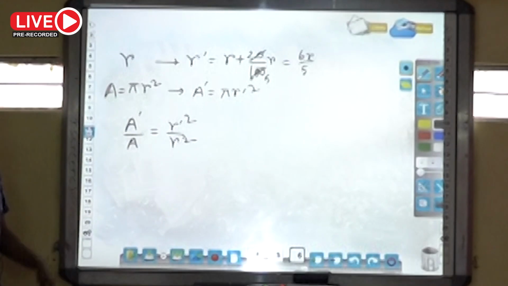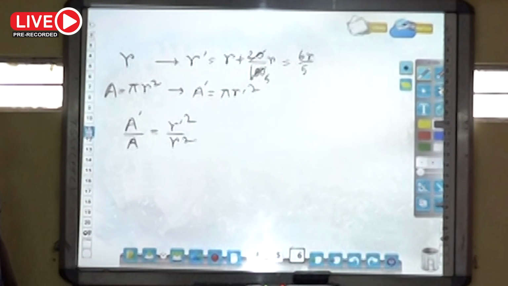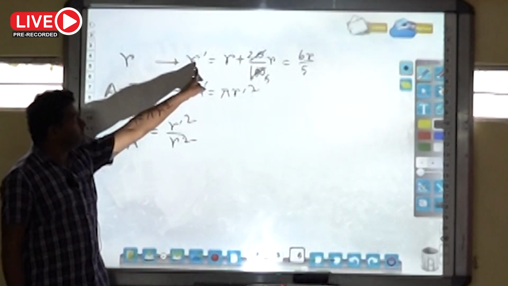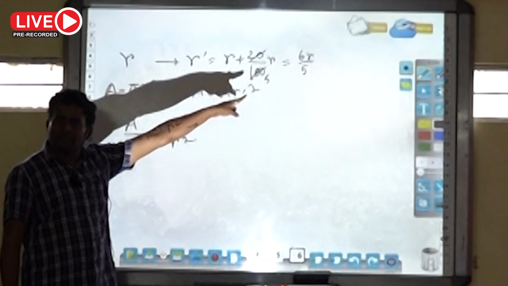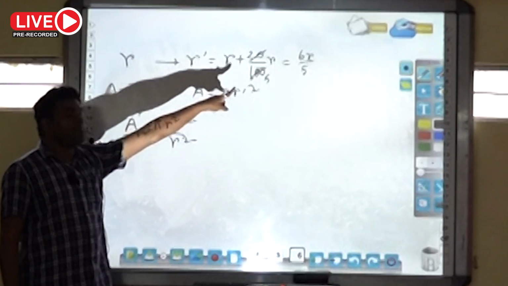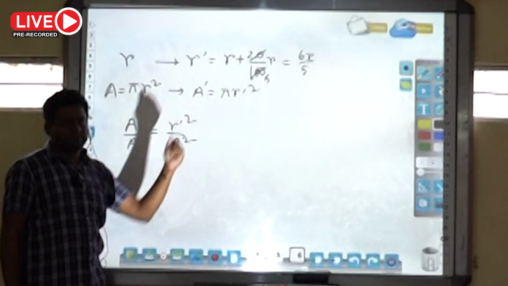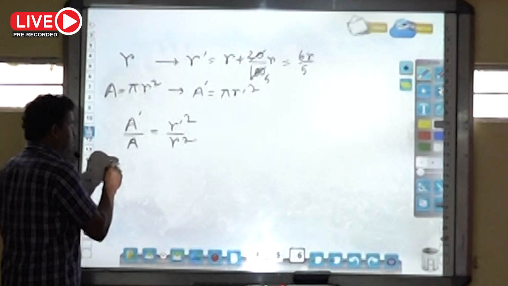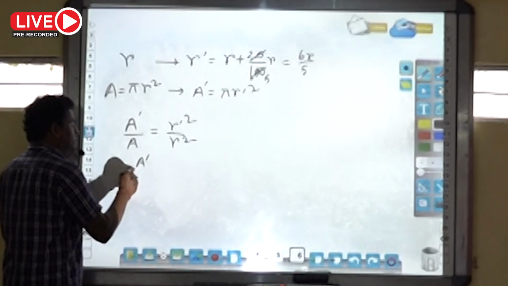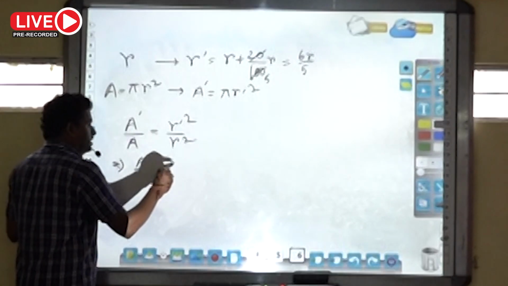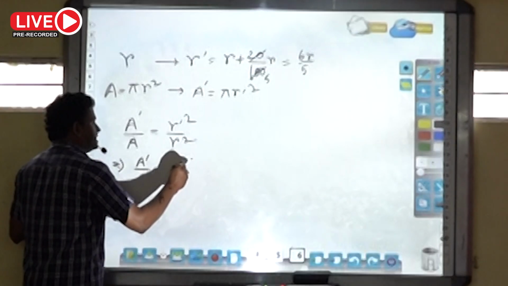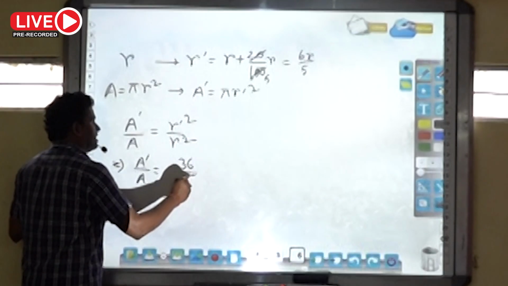Now we know that r prime equal to 6r by 5, so r prime by r will be 6 by 5. So I can write here A prime by A equal to 36 by 25.